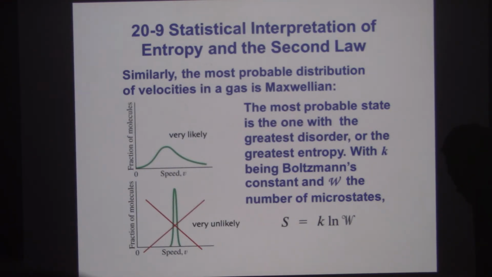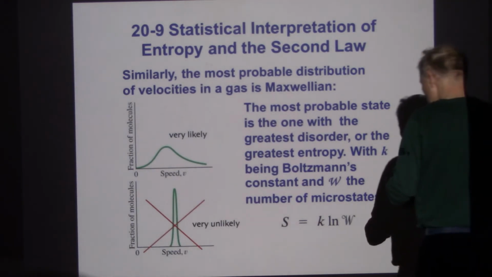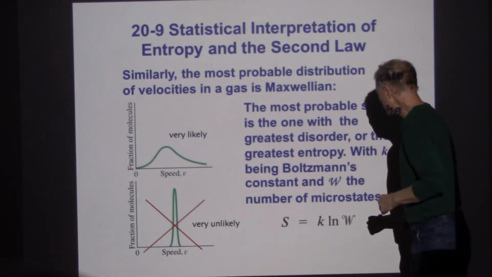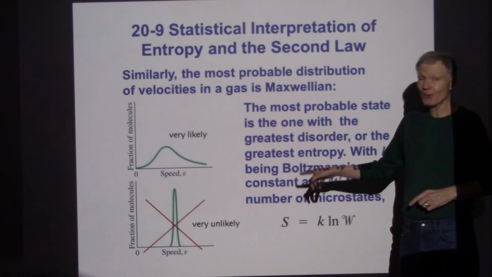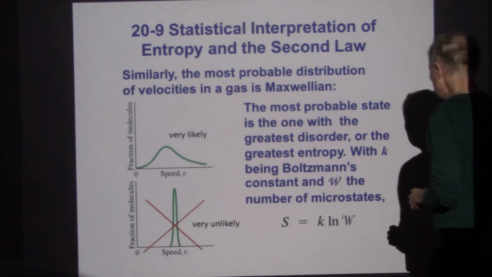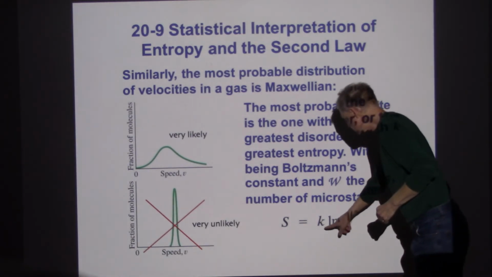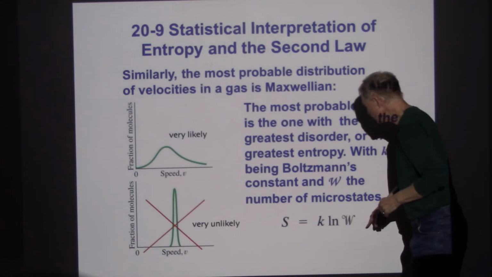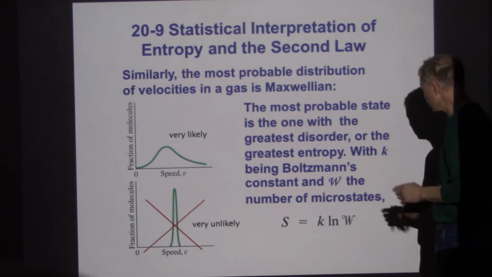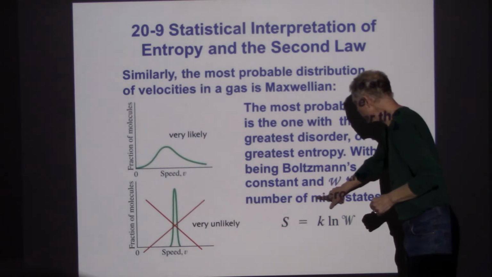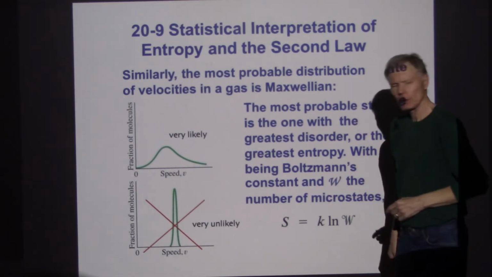And he even came up with this formula that the entropy of a collection of molecules is equal to, now the little k here is Boltzmann's constant, so this is Ludwig Boltzmann's constant times the natural logarithm of omega or W. This looks like it's W that they're using here. And this is what's called the number of microstates.